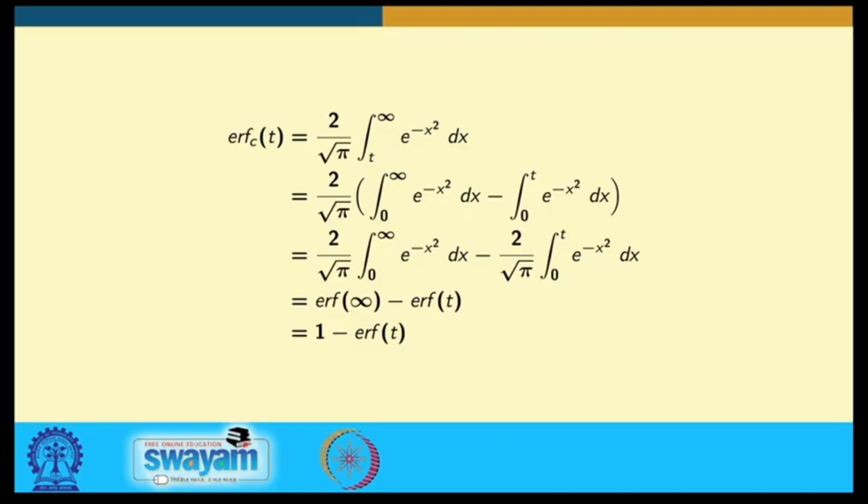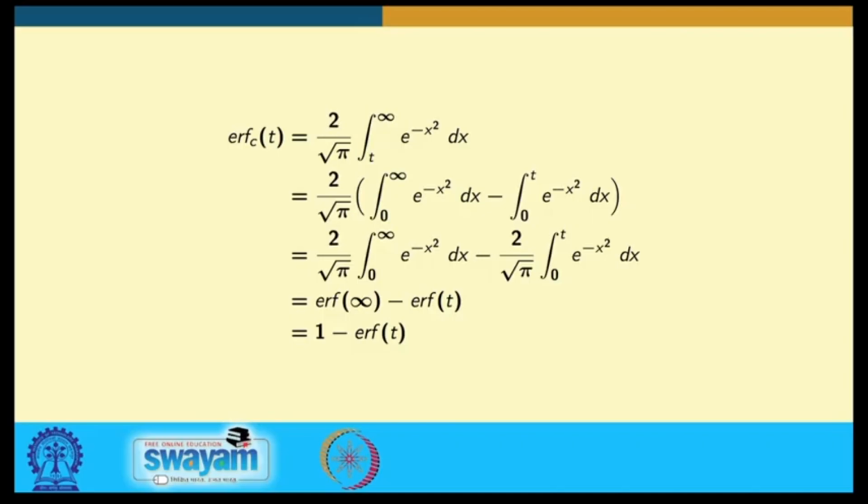I can write this in two ways, since the integral is from t to infinity, I can break it: 2 by root pi integral from 0 to infinity of e power minus x square minus 2 by root pi integral from 0 to t of e power minus x square.